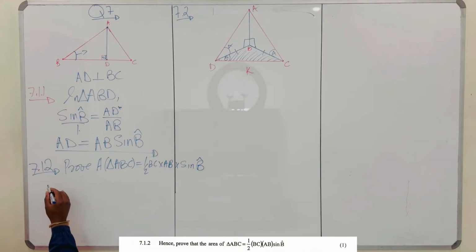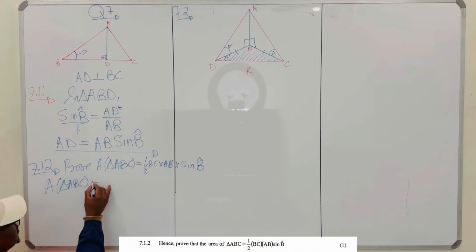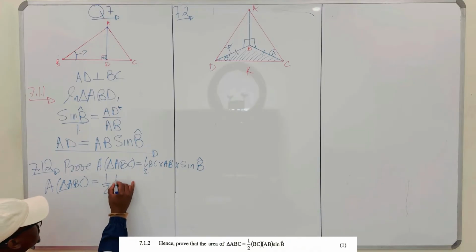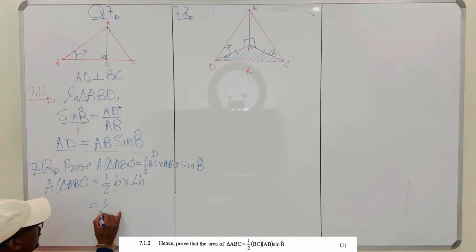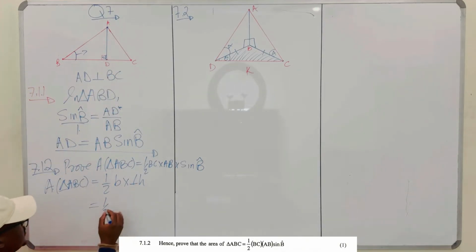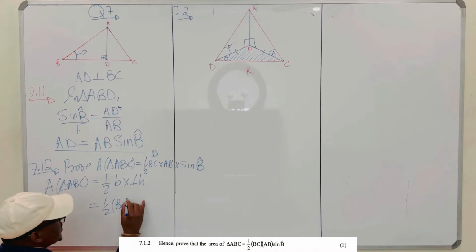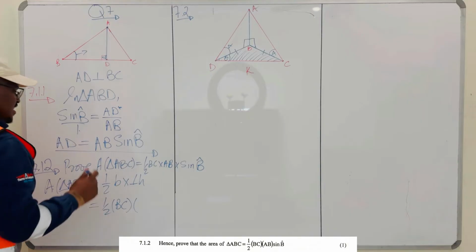So, if you want to calculate the area of triangle ABC, the area is equal to half base times the perpendicular height. Our base is BC, times the perpendicular height. What is the perpendicular height? The perpendicular height is AD.